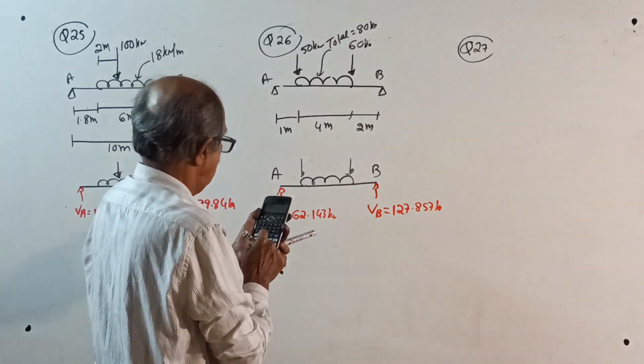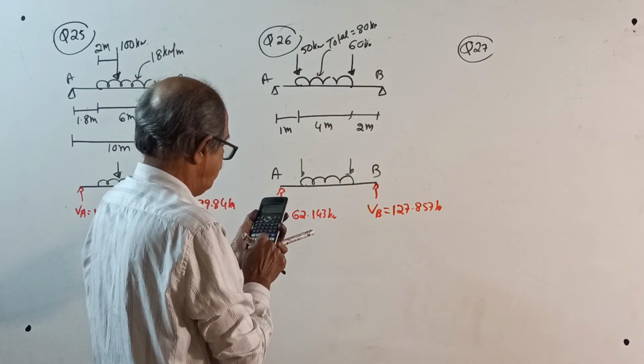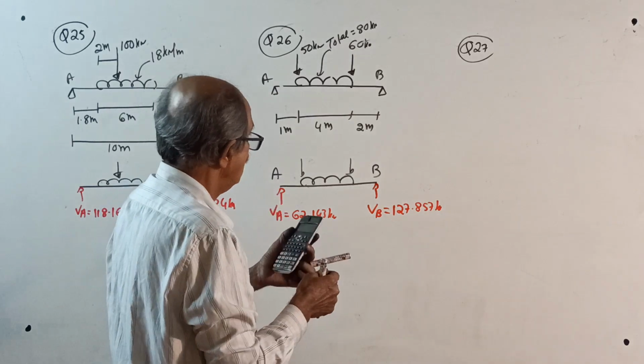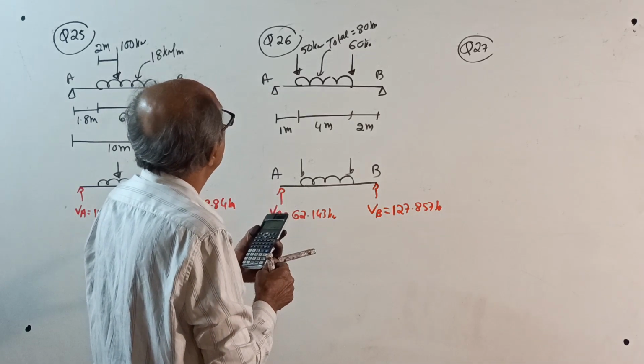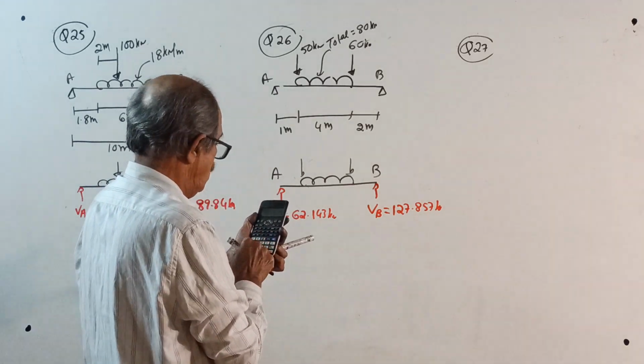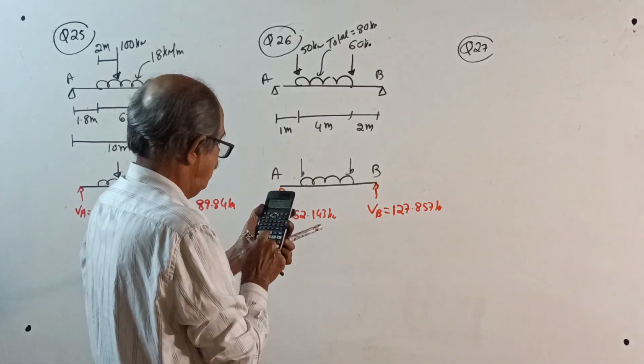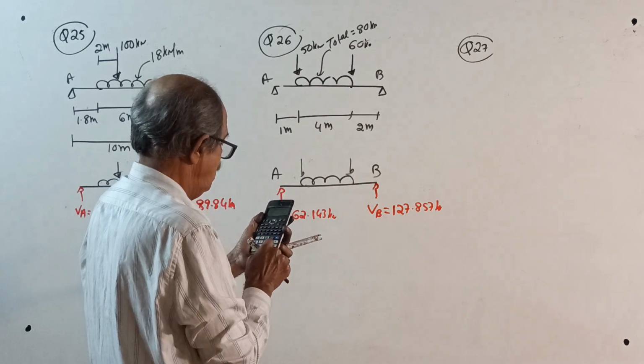60 into 2 plus 80 into 2 plus another 2 is 4, plus 50 into 6, divided by 7. Correct. I'm getting 105. Why? Something went wrong. I'll check once again. 50 into 1 plus 80 into 1, 3 plus 60 into 5, divided by 7.